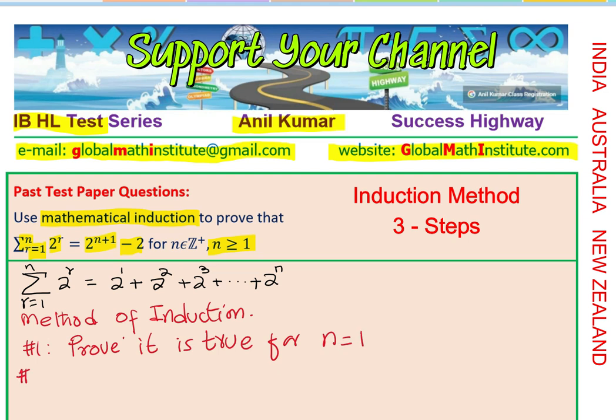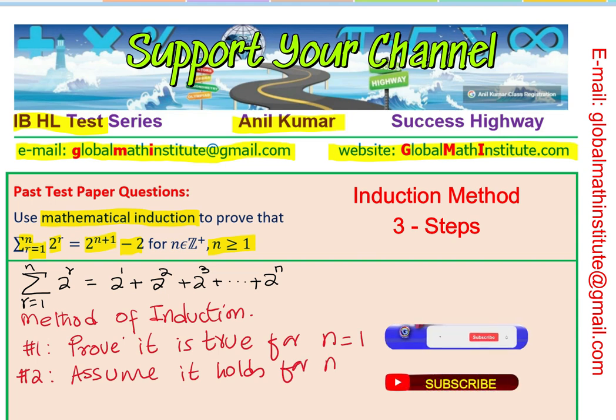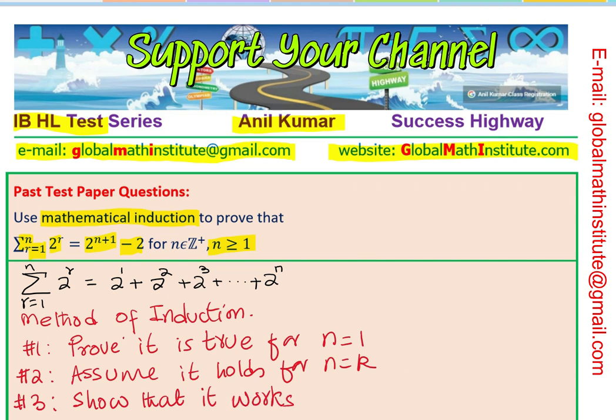If that is the case, then we move to the second step, and the second step is to assume it holds for n equals k. And step number 3 is to show that it works for n equals k plus 1, right?